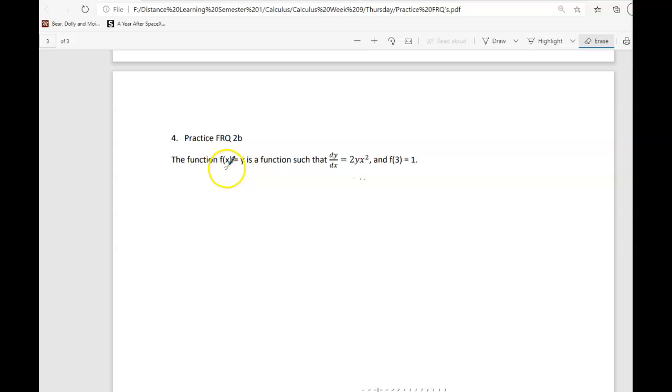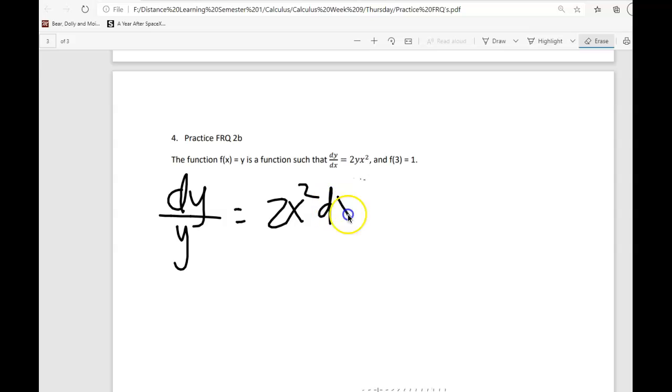Now you can divide both sides by 2y if you want to, but I'm just going to divide both sides by y. Now if I do that, I have this. So if I multiply both sides by dx, I have 2x squared dx on the right. And if I divide both sides by y, I will have dy over y.